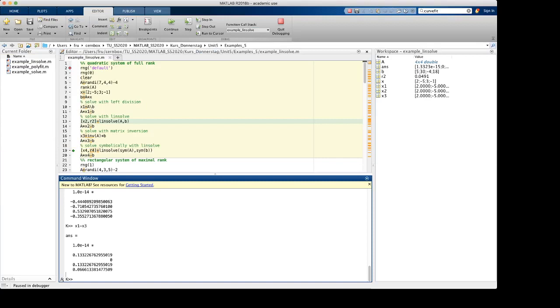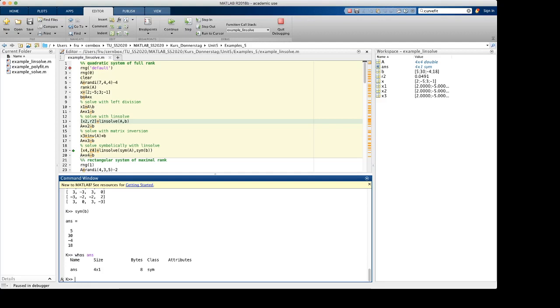The function sym converts the numerical matrix A to a symbolic matrix, which now contains not numerical but symbolic constants, and the same can be done with the right-hand side. B is now a symbolic vector of size 4 by 1, and it contains now symbolic constants.